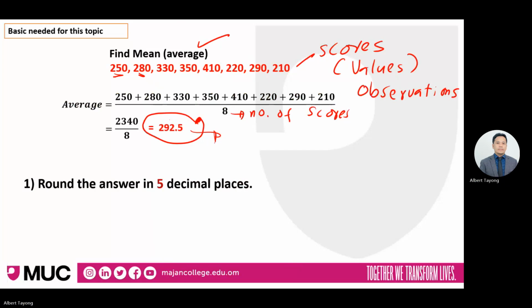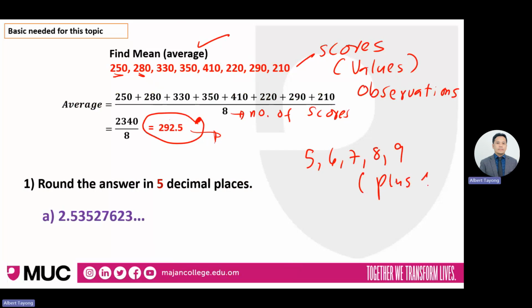Now, in terms of rounding the answer in decimal places, it is important to note that from 5 until 9, we have to add 1. If it is below 5, like 0, 1, 2, 3, 4, we have to retain the digit.